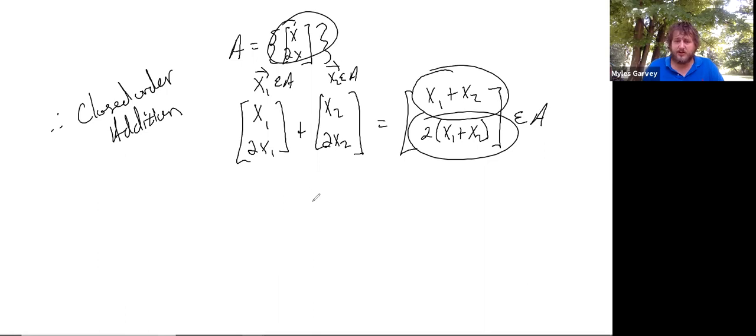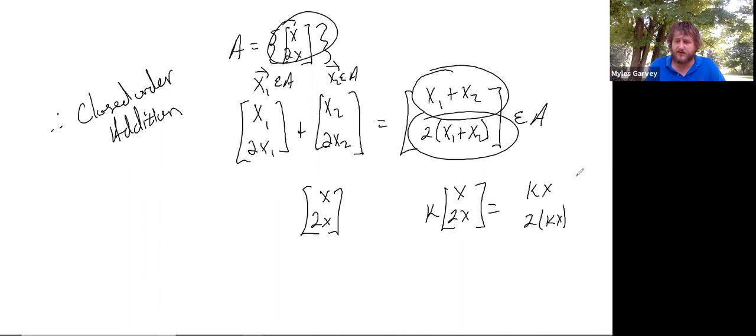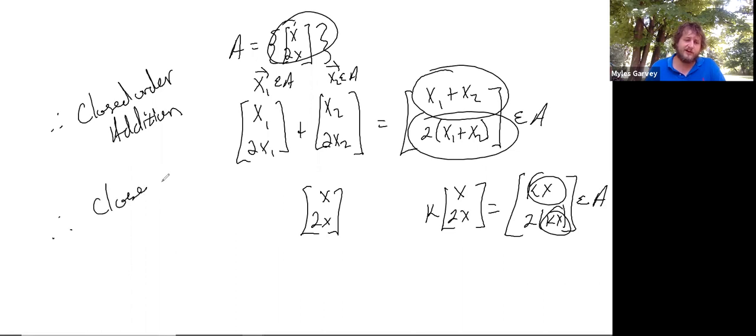What about scalar multiplication? If I take a vector x such that I have x and 2x, if I multiply that by k, will I get the same thing? Well, let's see. We get k times x, and we get 2 times kx. And we know again by definition that this is a number, and this is double the number. And so therefore, this vector is also in A. So therefore, it's closed under scalar multiplication.